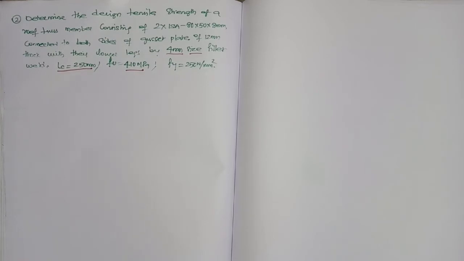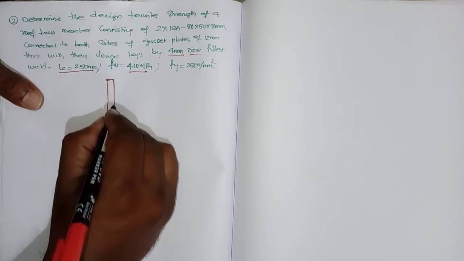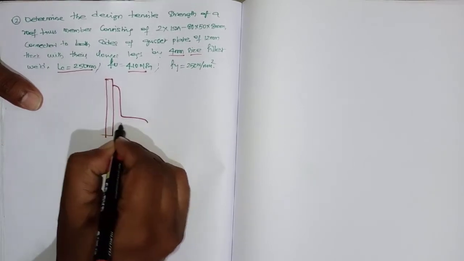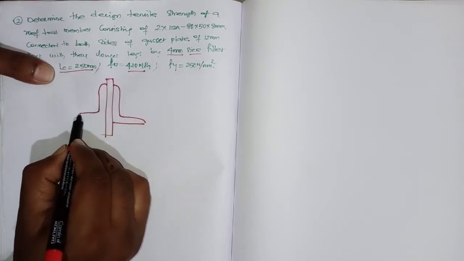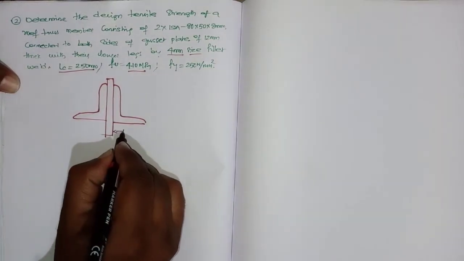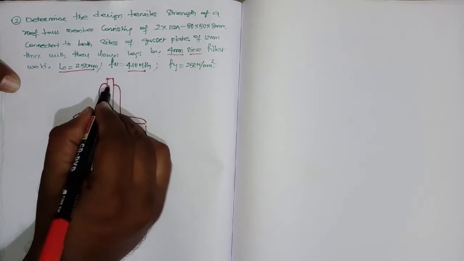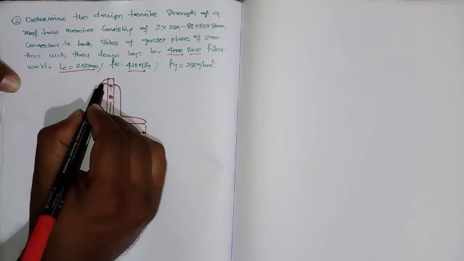Okay, so this is the gusset plate. To this gusset plate, on either side they have connected two angle sections. This is 50 mm, this is 80 mm.